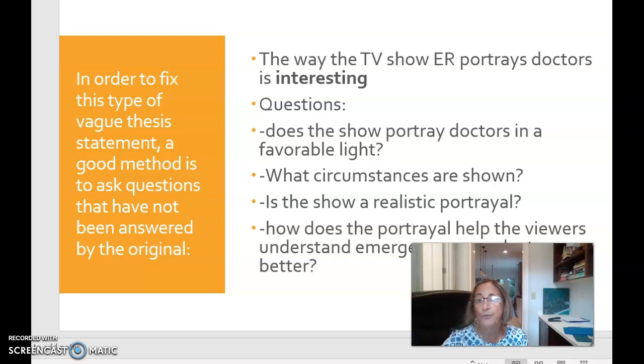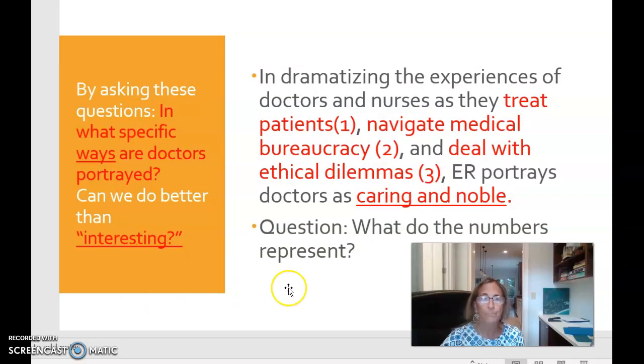Does the show portray doctors in a favorable light? What circumstances does ER show doctors performing in? Is it a realistic portrayal? How does the portrayal make viewers understand emergency room doctors? So these are all questions that go into the mix, and you could end up with something like this.